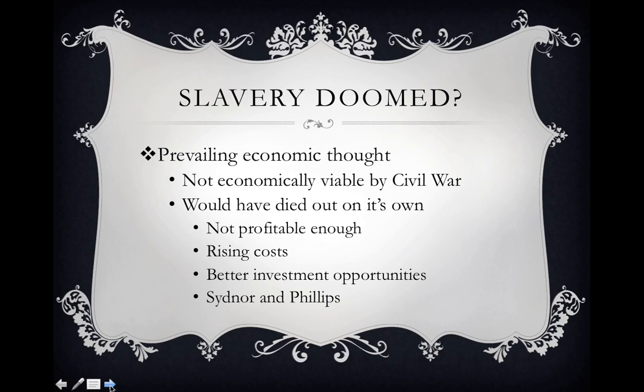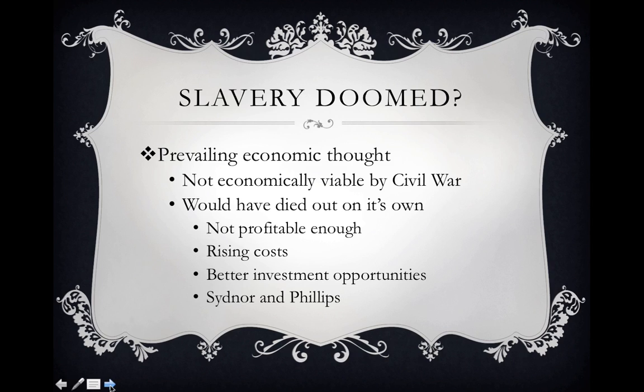When we talk about Conrad and Meyer's research, they sort of toppled that whole notion that slavery was doomed. So make sure you realize that that was the prevailing wisdom, that it wasn't viable prior to the Civil War, that if the Civil War had not occurred, slavery would have died out under its own weight, its own inefficiency, and that it was not profitable.